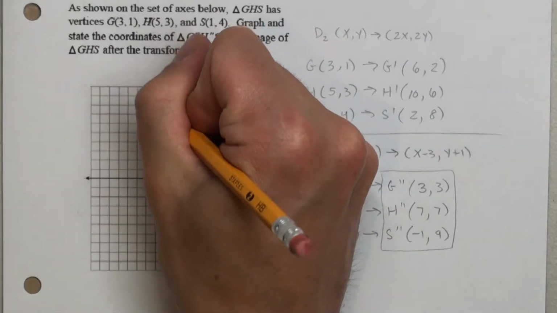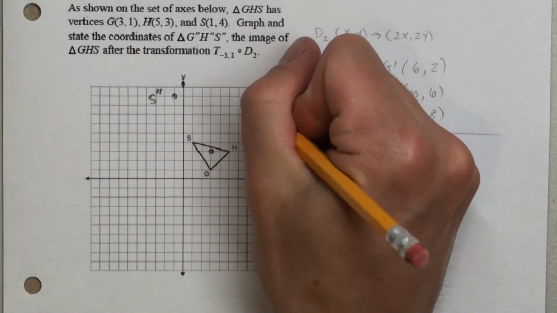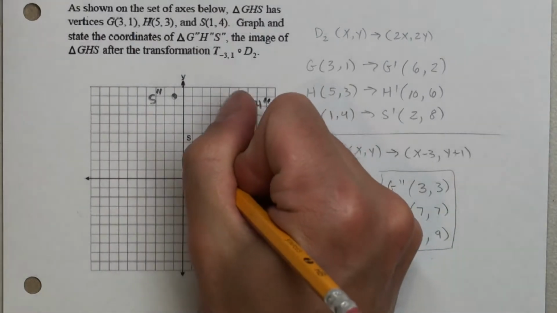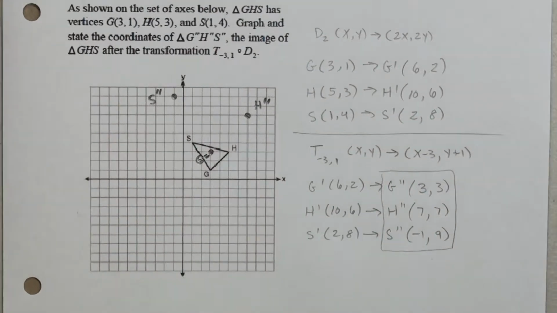So this is S double prime. This was H double prime. And this one was G double prime.